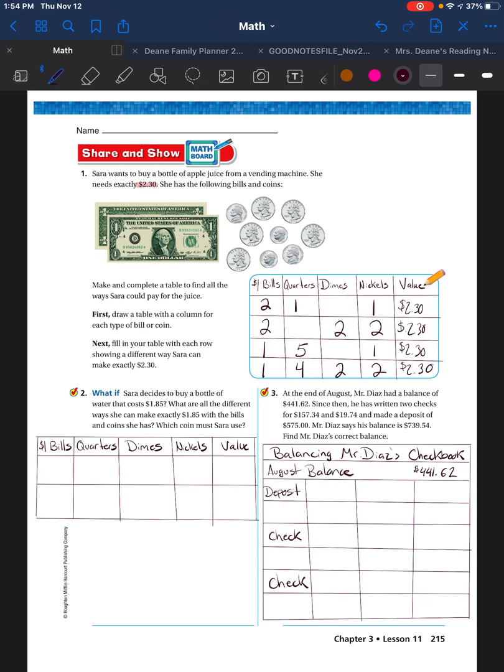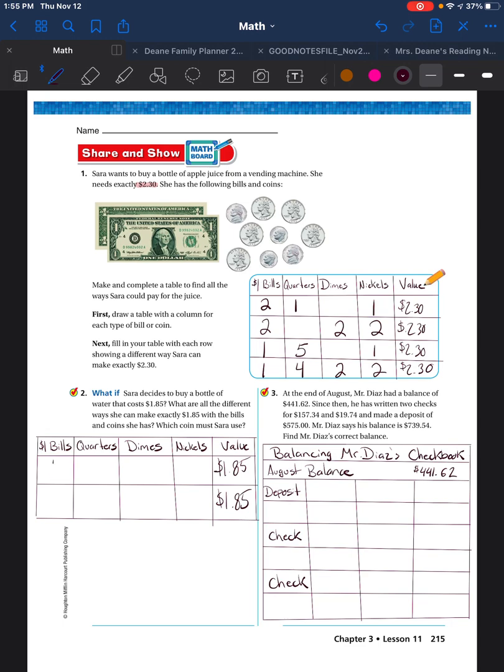The next one says, what if Sarah decides to buy a bottle of water that costs $1.85? What are the different ways that you could make exactly $1.85 with the bills and coins she has? So same exact thing we just did, but now our goal is $1.85. And so I'm going to write that in my value because that's the only thing that I want to get.